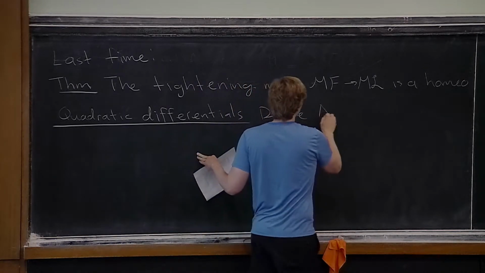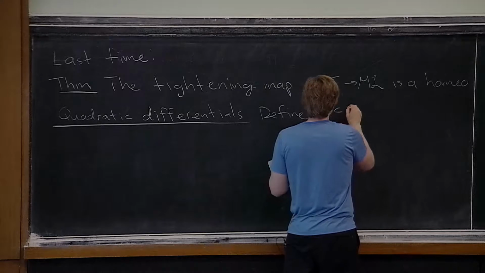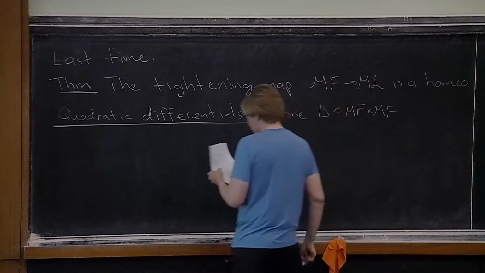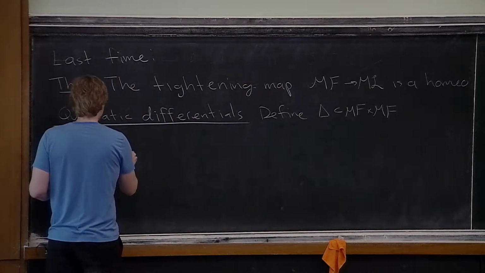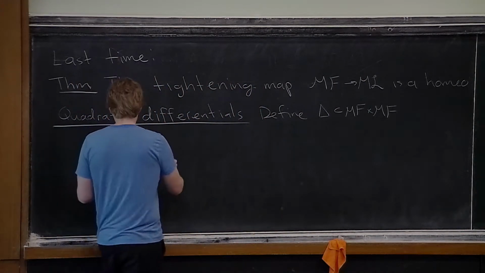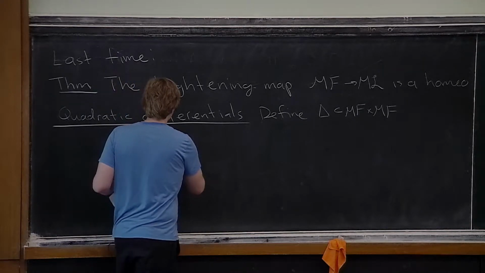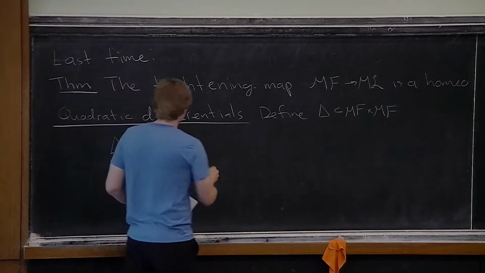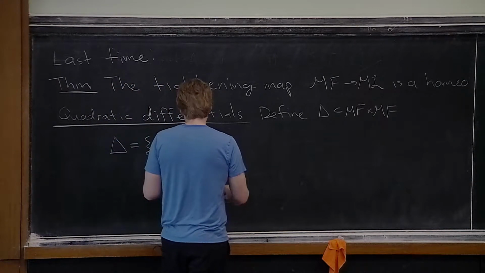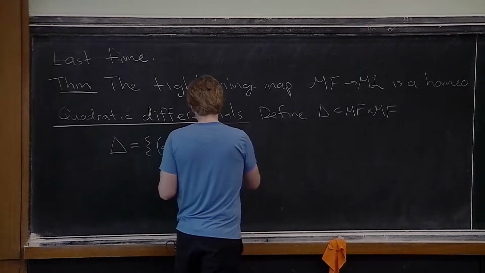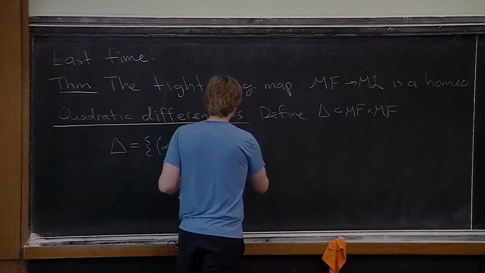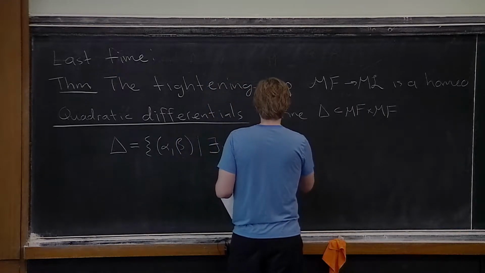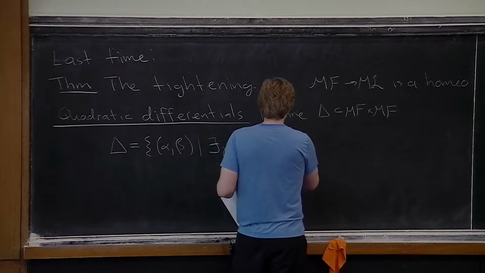I want to define a locus called delta that lives inside of MF cross MF. And delta is going to be defined as the locus of pairs of measured foliations, alpha is a measured foliation, beta is a measured foliation, for which there exists gamma in MF such that it has zero intersection number with both alpha and beta.